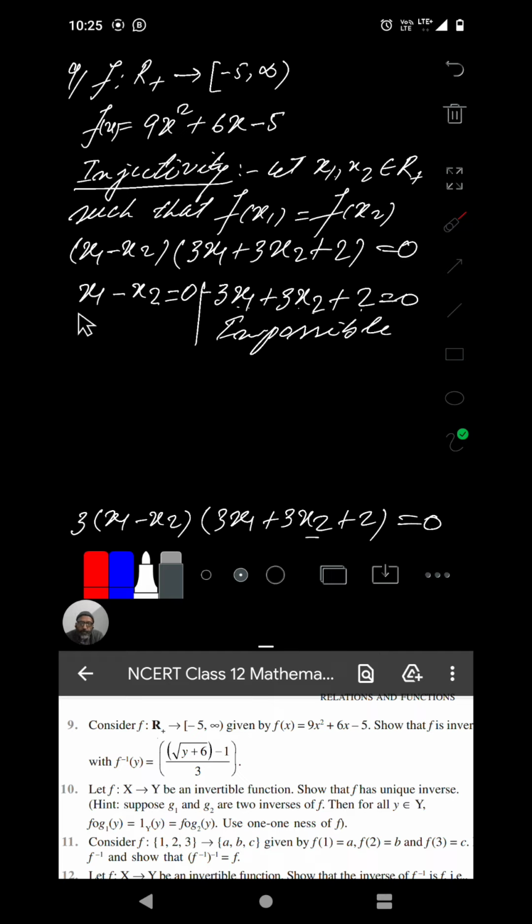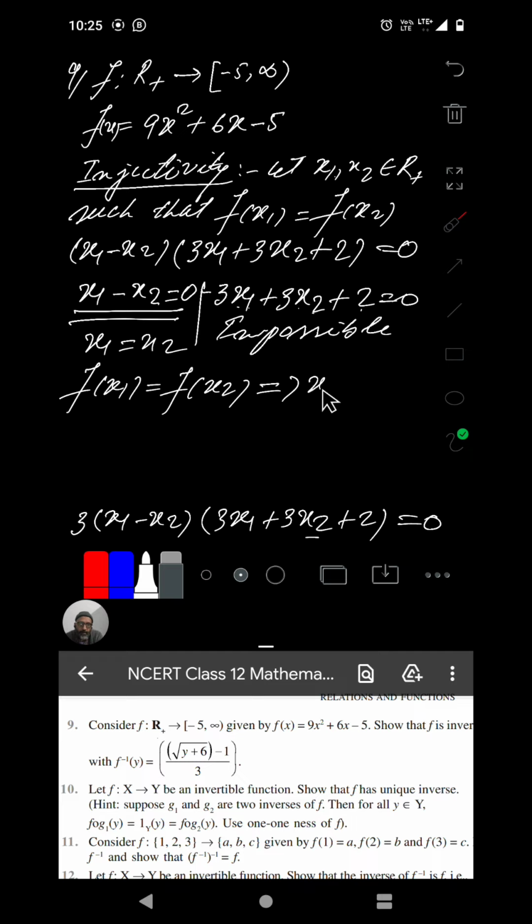We have only one valid condition, that is x1 minus x2 is equal to 0, so x1 is equal to x2. Finally we conclude that f(x1) equal to f(x2) implies x1 is equal to x2. Thus the criterion for one-oneness is satisfied, and f is a one-one function.